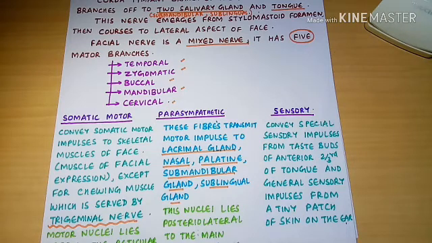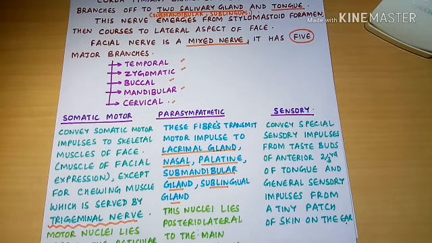The parasympathetic fibers of the facial nerve supply the lacrimal gland, nasal and palatine glands, submandibular gland, and sublingual gland. Whereas the sensory fibers supply the anterior 2/3 of the tongue and carry general sensation from tiny patches of skin on the ears.